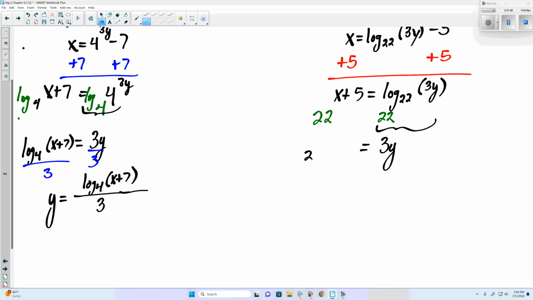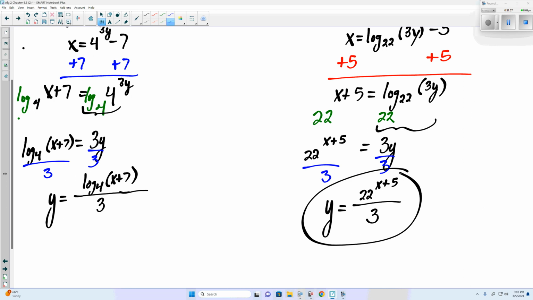The other side becomes 22 to the x plus 5, because since we put that entire left side to the base of 22, it all goes into the exponent. Now to get y by itself, divide by 3. So y equals 22 to the x plus 5, divided by 3. Questions on this here?